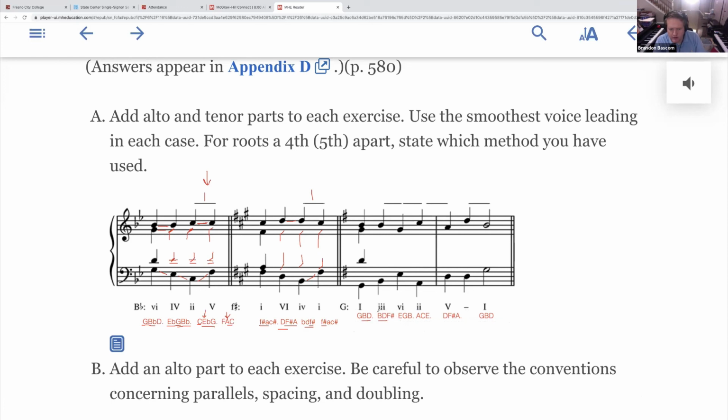And then we only have 1 common tone, the B and the B, and 1 common tone, the E and the E, and 1 common tone, the A and the A, and 1 common tone, the D and the D.